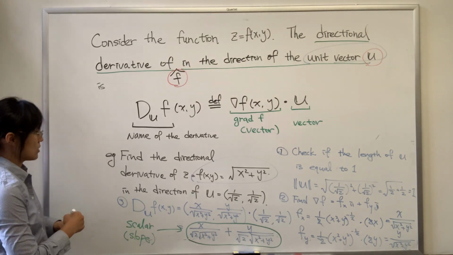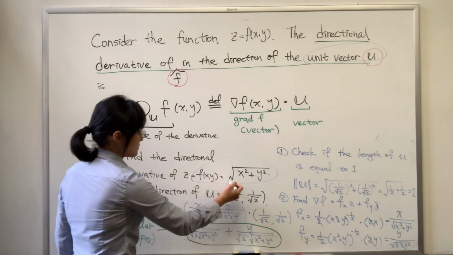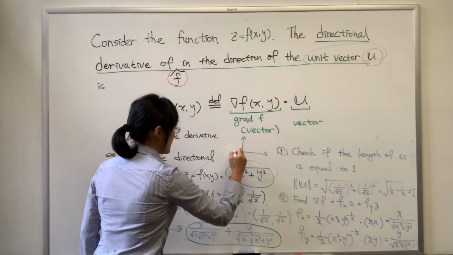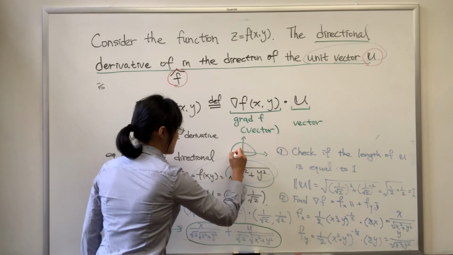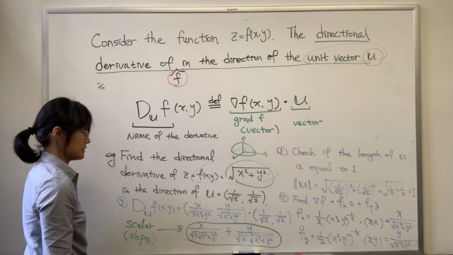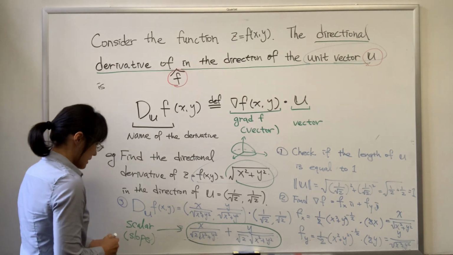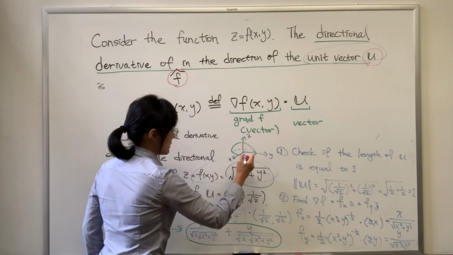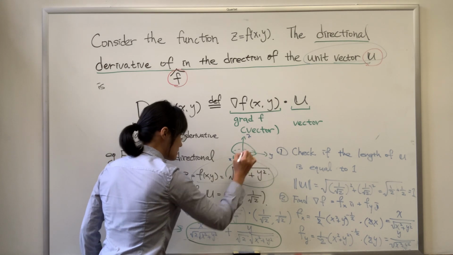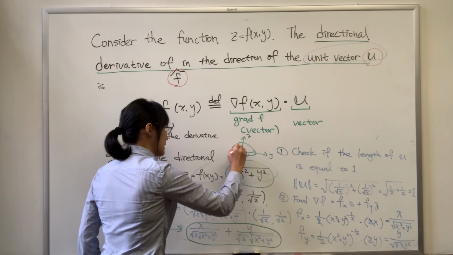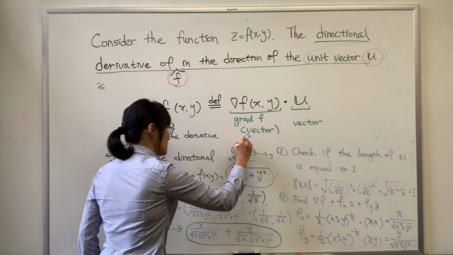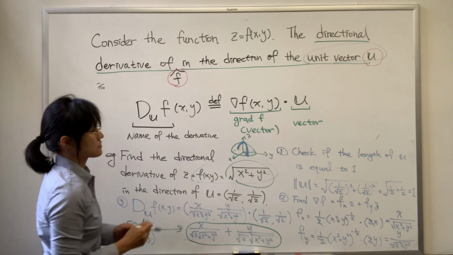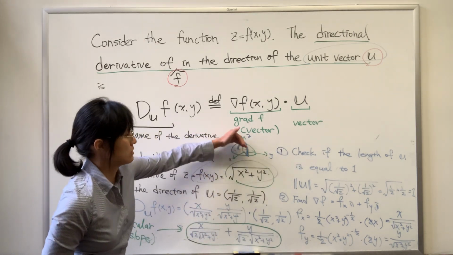This just means when I have a surface, the surface of this function is an upper hemisphere, like that. This is x, y, z. In the direction of u, so that's this direction, I have a curve like that on the upper hemisphere along the direction u.